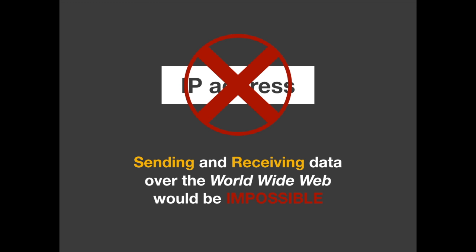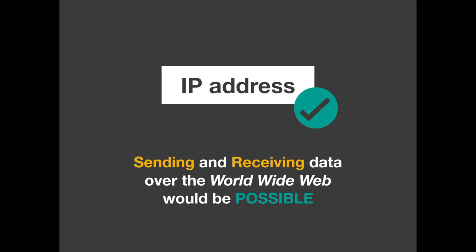Without this numeric protocol, sending and receiving data over the World Wide Web would be impossible. Thanks to our IP address, we are pretty much guaranteed that our email will come and go as expected, and that all our Google searches and website visits will work perfectly fine.